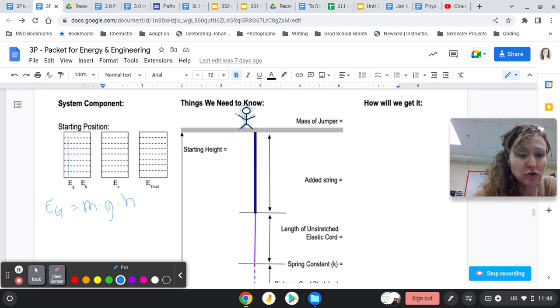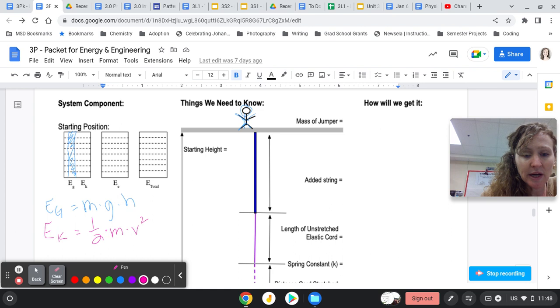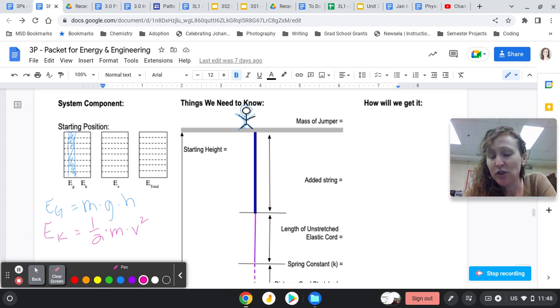So let's redraw this bar here to show that our jumper has gravitational energy. And then our jumper kinetic energy is going to be 1/2 mv squared. And since our jumper has no movement right now, no speed, no velocity, our jumper also has no kinetic energy.